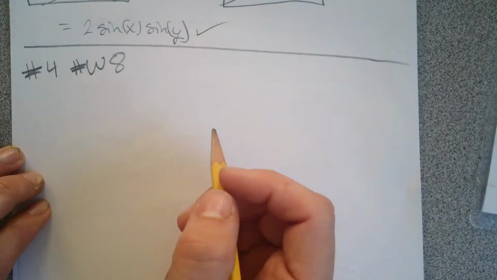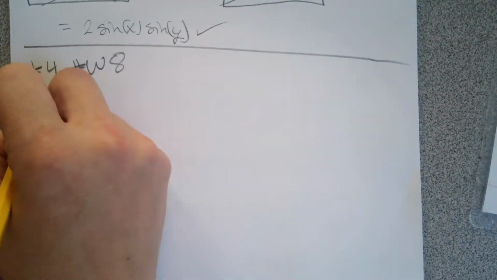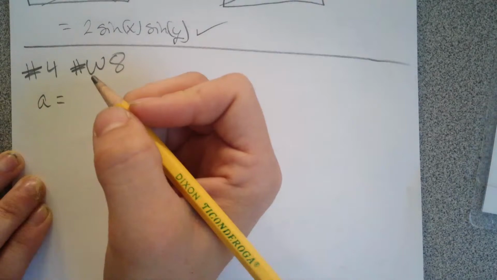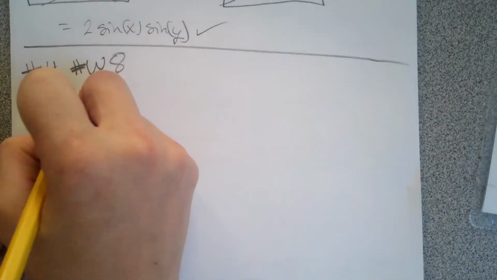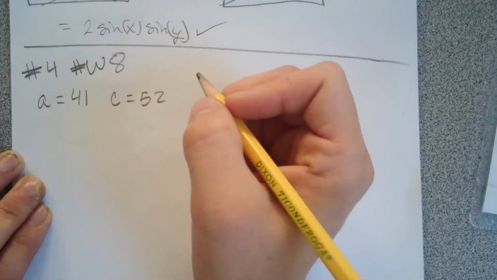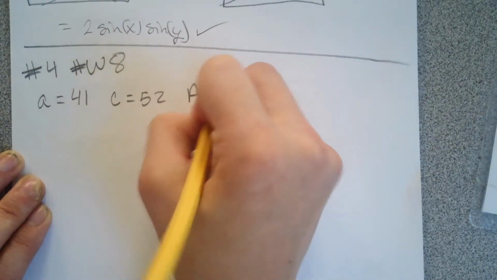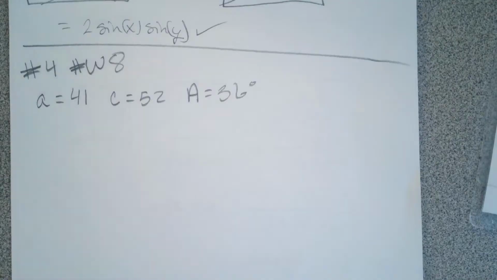Lowercase, so you have 2 sides, A and C. A equals? C equals 52. And what else do they give you? And then uppercase. And we want to solve the triangle, correct? Okay. All right, guys. So we're given this information and asked to solve the triangle.